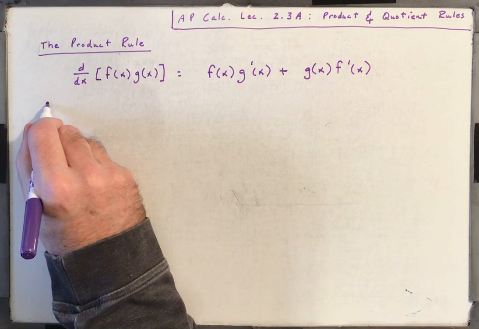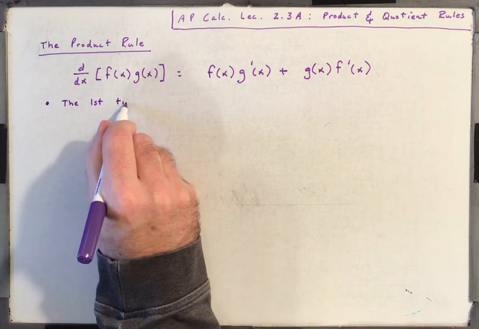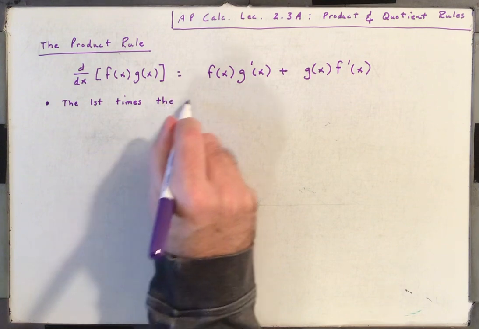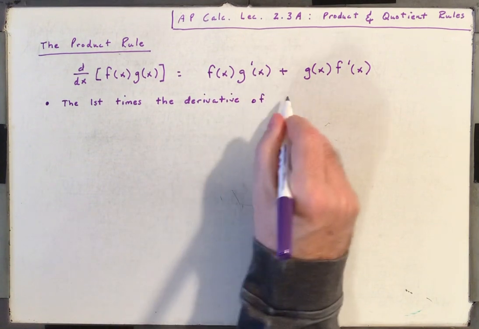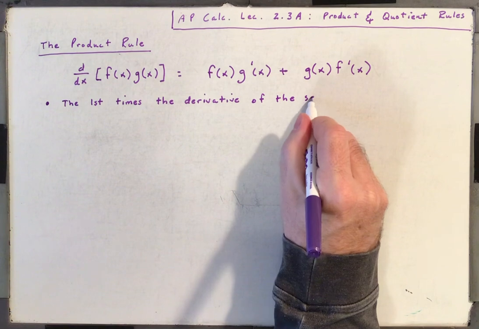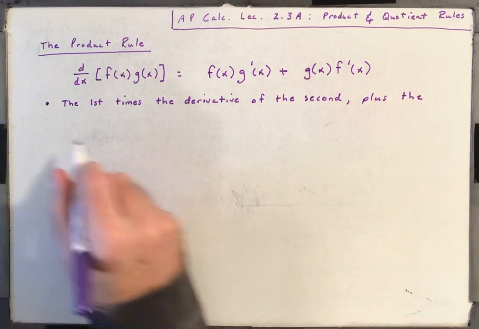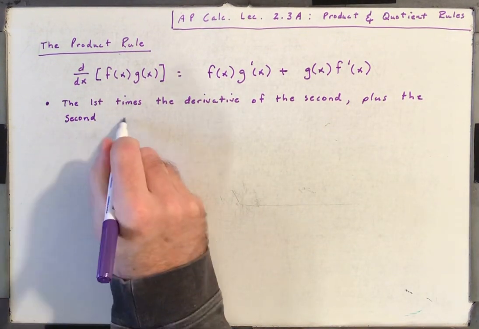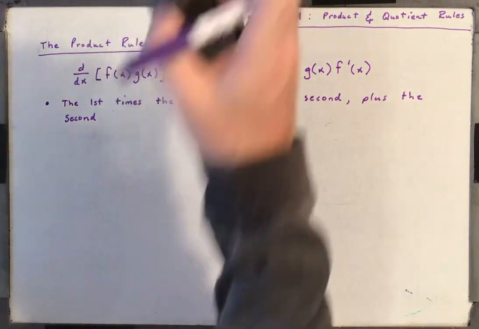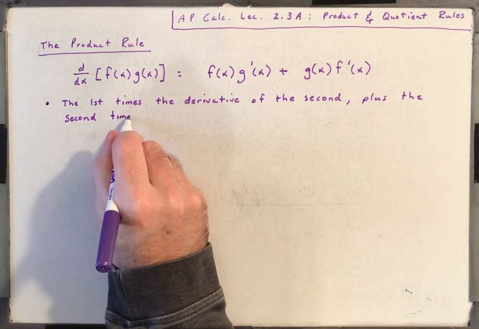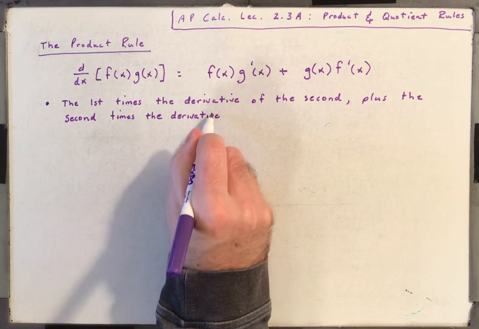All right, crazy how that works out. Let's put it in writing because that's probably easier to memorize. So it's the first times the derivative of the second plus the second times the derivative of the first.